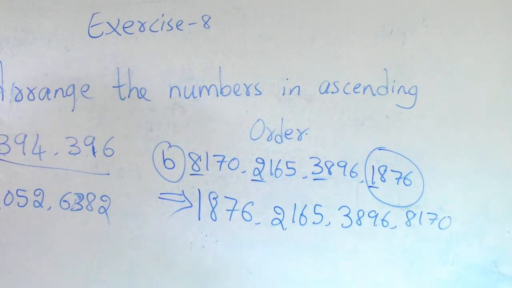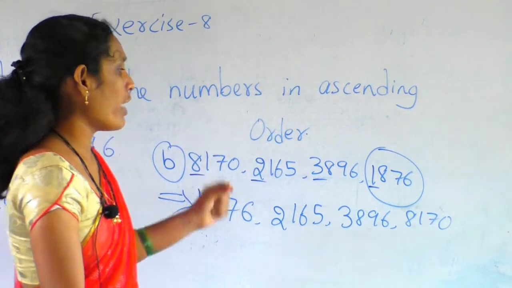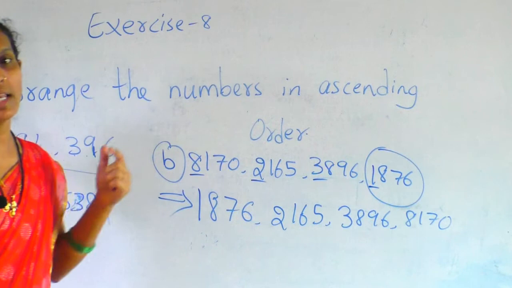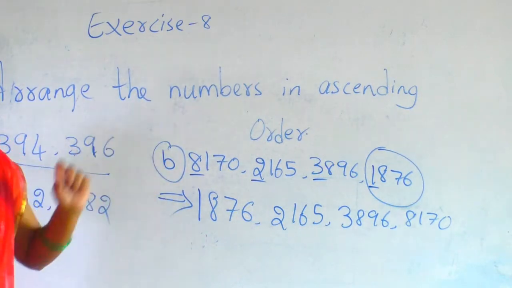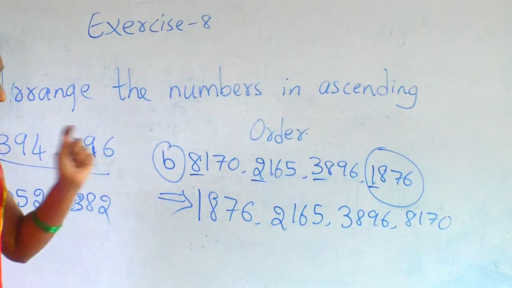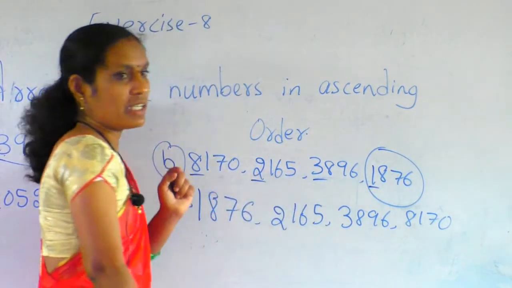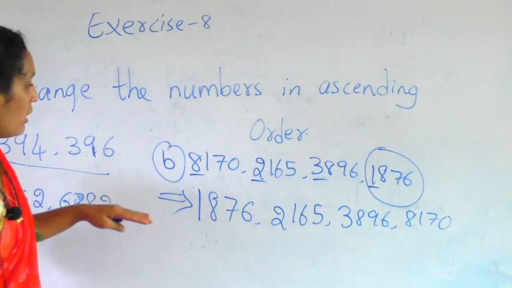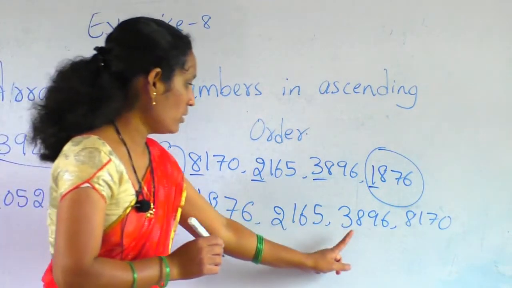It's easy, no? However many numbers the teachers give, first you find out the place value. Then only it becomes easy to arrange in ascending order. See the place value. In thousands place, which is the first smaller number, automatically we can arrange like this. 1, 2, 3.